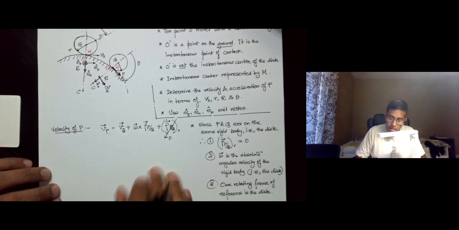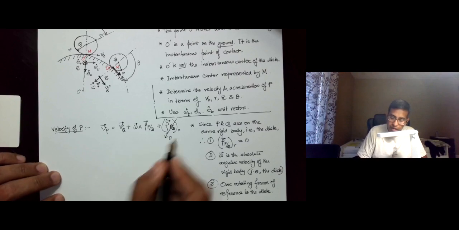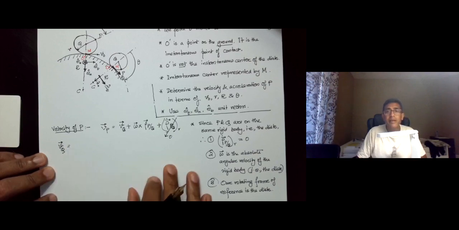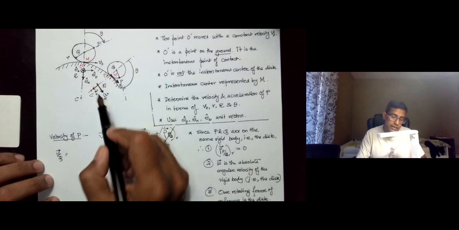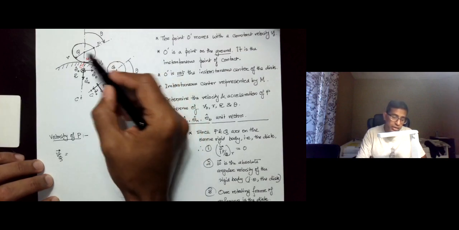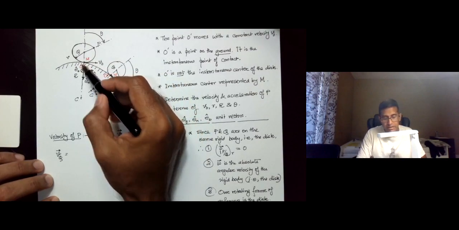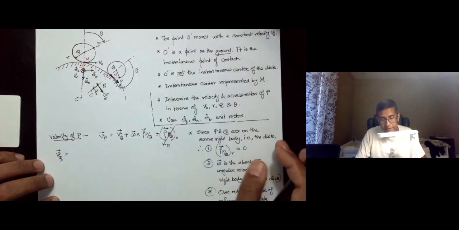Okay, so let us identify the individual vectors. So what is VQ? VQ is the velocity of the point Q. Now note that the point Q is such that it is collinear with the points C and O prime at any instant.